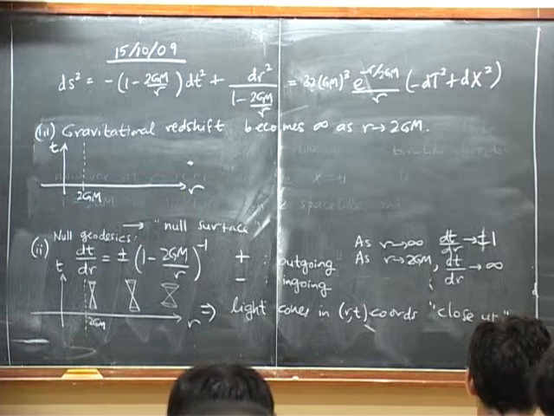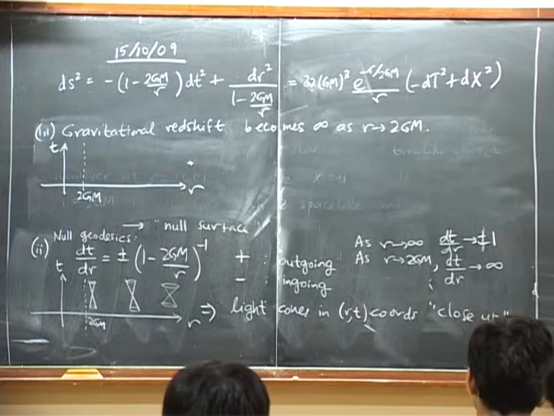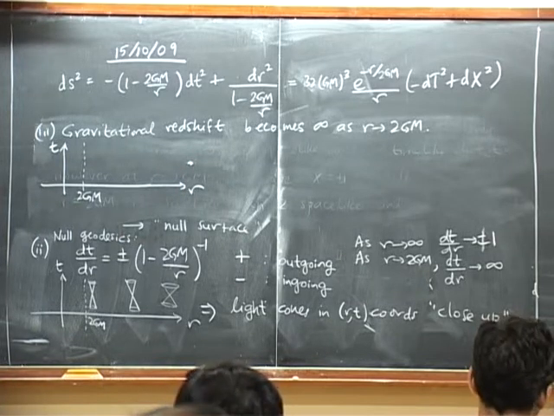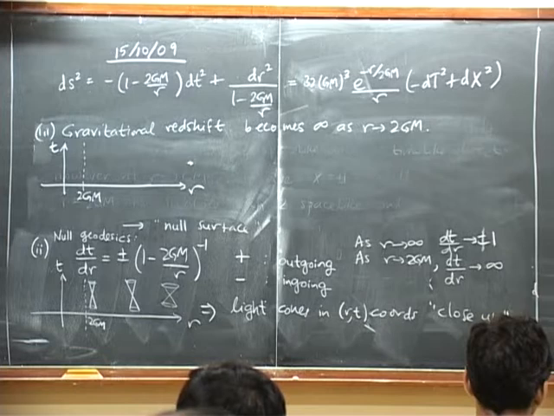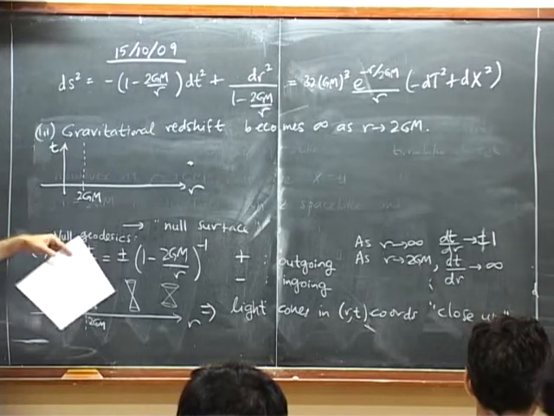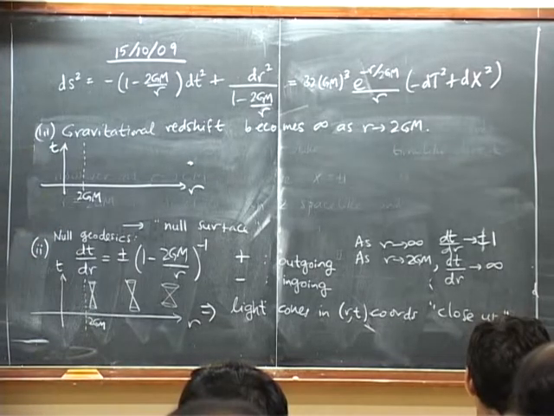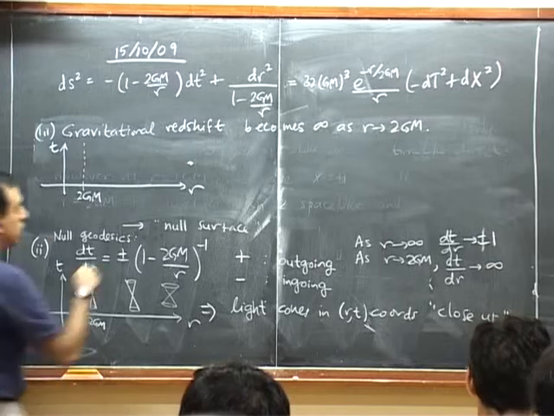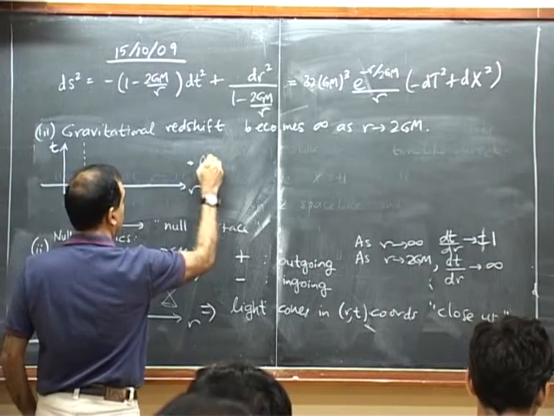It's very easy to be at rest very far away because very far away from this object there is no gravitational field, it damps off as 1 by r. So you can always have somebody at rest very far away, and this is the observer at infinity.